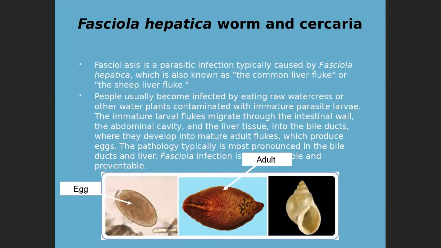Now, there's also only one version of the adult here because they have both sets of reproductive organs. These adults may be found in the intestinal area, may be found in liver tissue. The eggs, as you can see here, do not have a spine like we saw for Clonorchis and for our first one, Schistosoma.